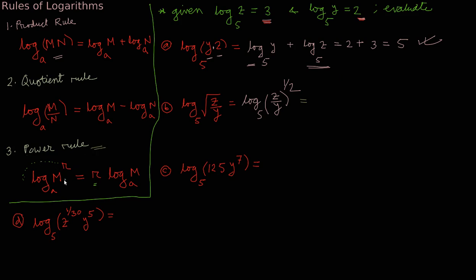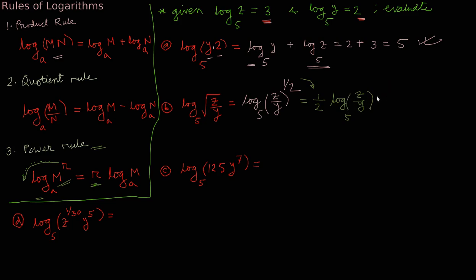What does the power rule say? If I have a logarithm of m power r, then what happens? r basically comes at the front, so it is r logarithm m. So in this case the 1/2 is going to come at the front, so I am going to have half, and then the other expression is exactly the same, logarithm base 5 of z over y.